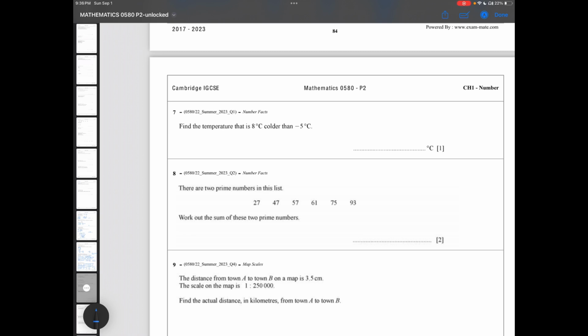So it will be like minus 6 or minus 7, minus 8, minus 9 or more. So in this case, we will have to subtract. So minus 5 minus 8 is equal to minus 13 degrees Celsius. So this will be the temperature 8 degrees Celsius colder than minus 5.